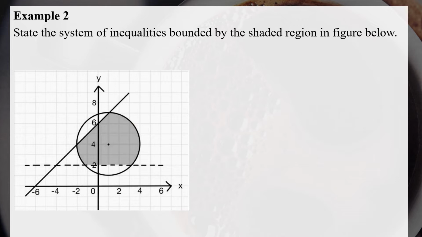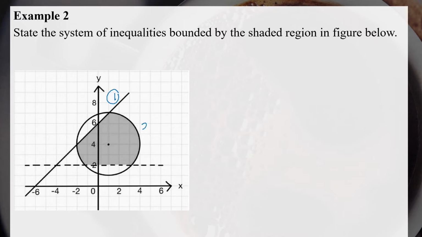So if you look at this question, you can see that here is our shaded region. This shaded region is bounded by, first, a straight line, a linear equation. Second, this shaded region is bounded by a circle.